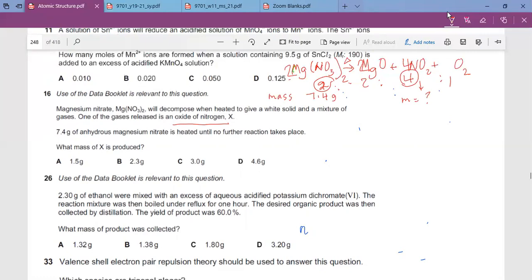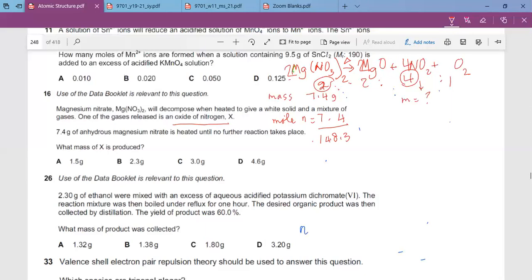So change mass to number of moles. It equals mass, which is 7.4, divided by the Mr of this. Now I've done it here. If you calculate everything, remember magnesium is 24.3, and I got Mr as 148.3.